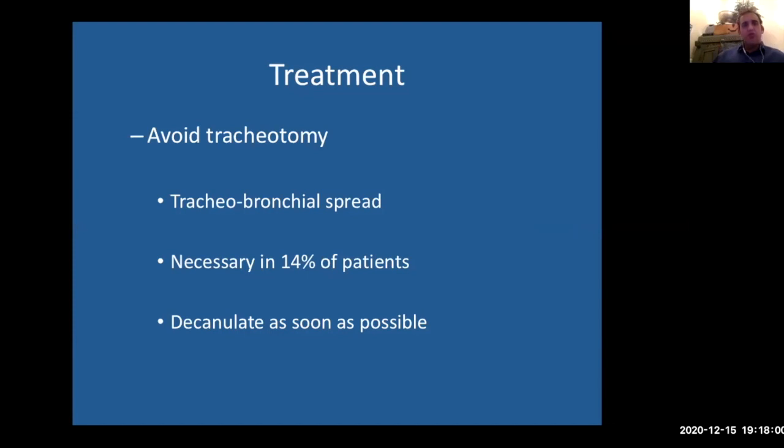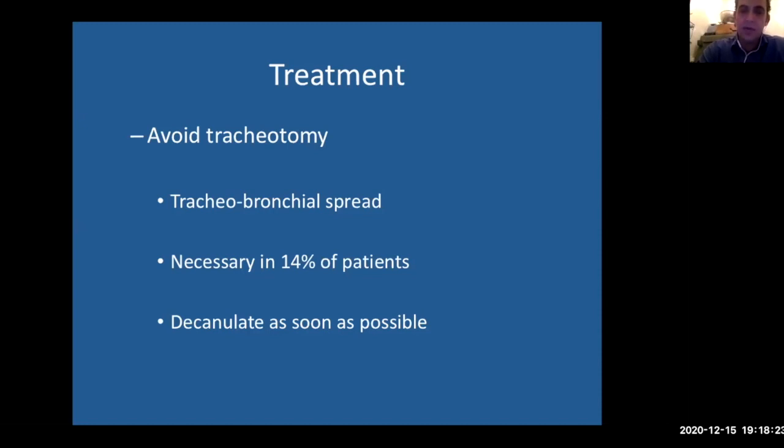With regards to tracheostomy, we try and avoid a tracheostomy at all costs, and that's because of the risk of tracheobronchial spread. Now, we're not sure if a tracheostomy increases the risk of tracheobronchial spread, or are these the group of patients that are severe enough that when they require tracheostomy, they'll have disease that would have spread down the tracheobronchial tree in any case.